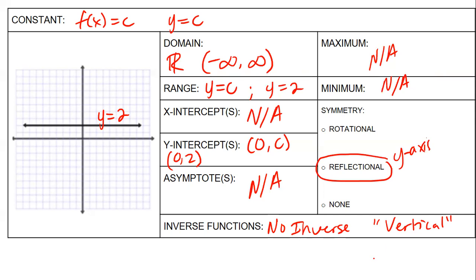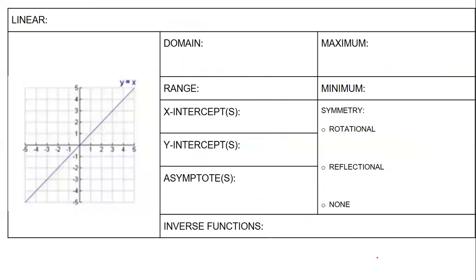All right, so that's constant. On to the classic linear. Linear, f of x equals x. That's the parent function. You guys are probably used to saying y equals mx plus b. That's our slope-intercept form.